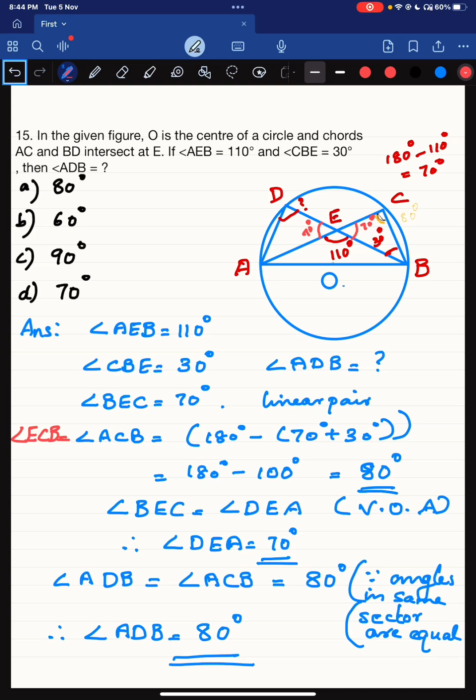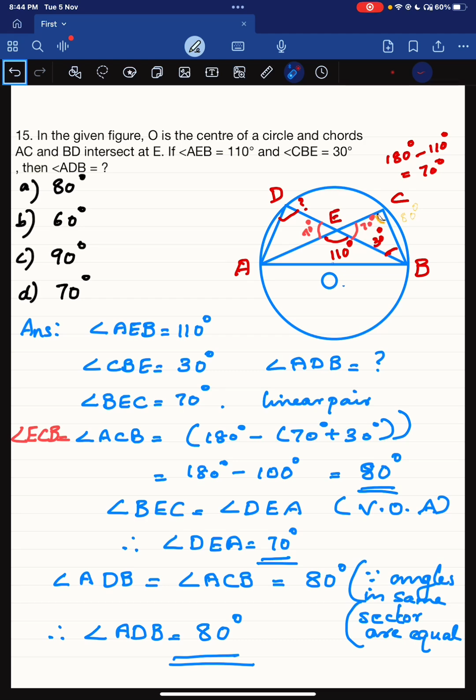Now angle ADB is equal to angle ACB. How will it be equal? Because we know angles in the same sector are equal.